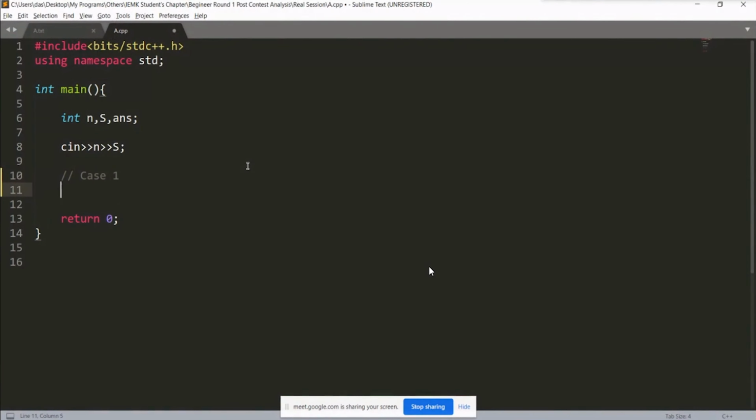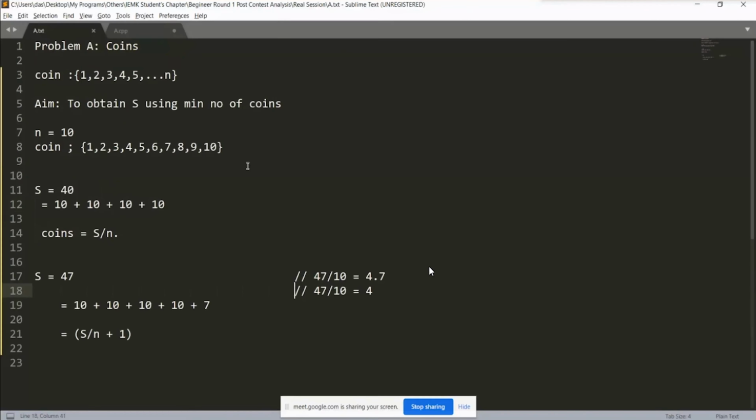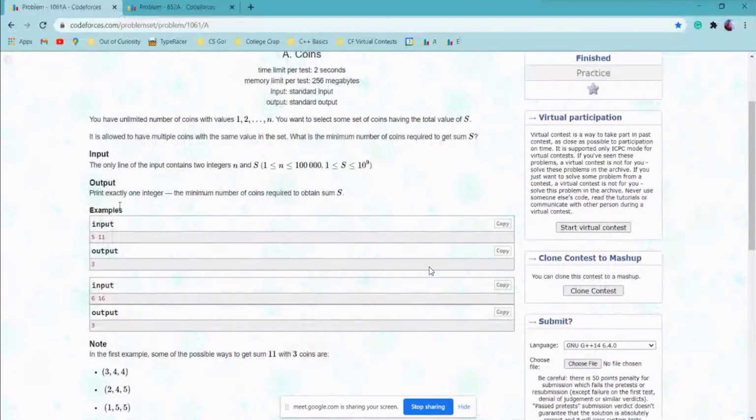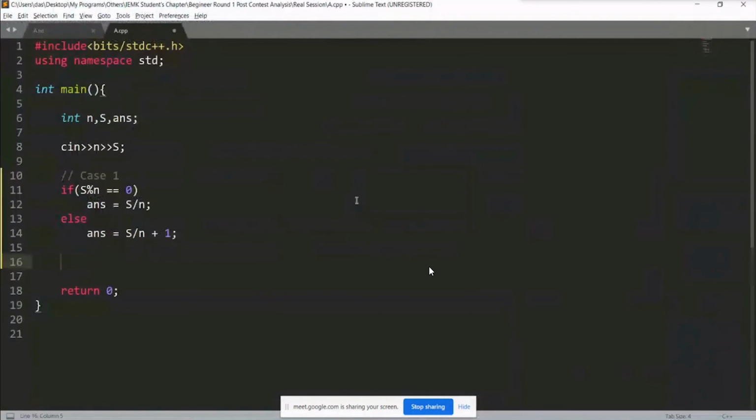The first case is that s is divisible by n. If that's the case, then the answer is s by n. Otherwise, we will do s by n plus 1. That's it. And then for the output, we have to print that number of coins, which would be our answer.